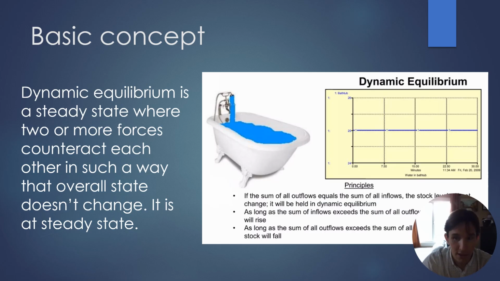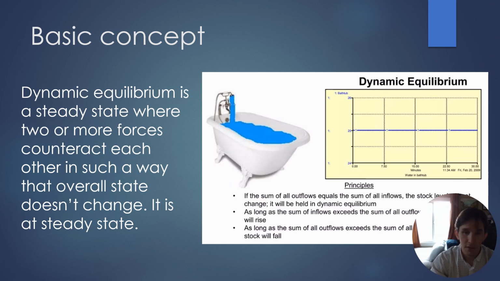As an illustration, I'm showing here something that many people can relate to, the bathtub. As we can see, we can have water running in, and we can have water leaving the bathtub at a certain rate.